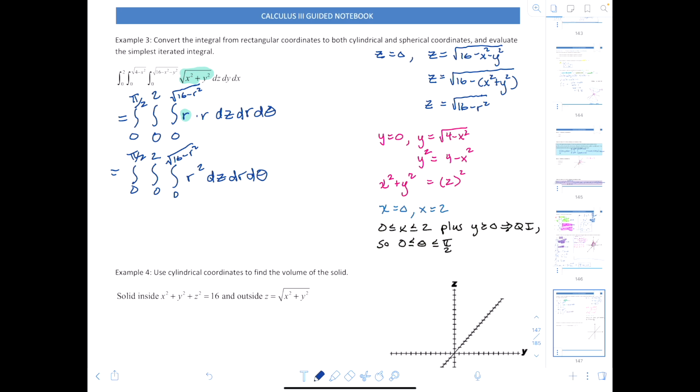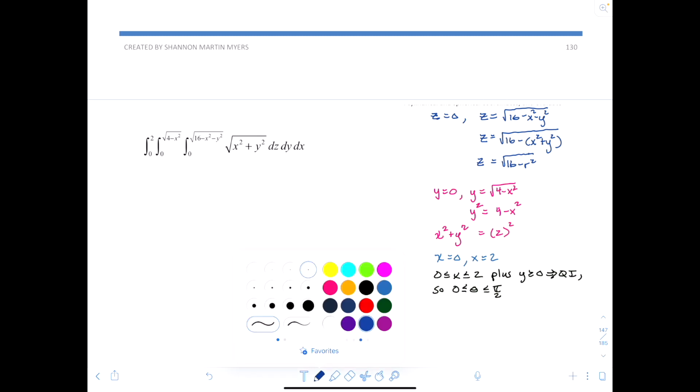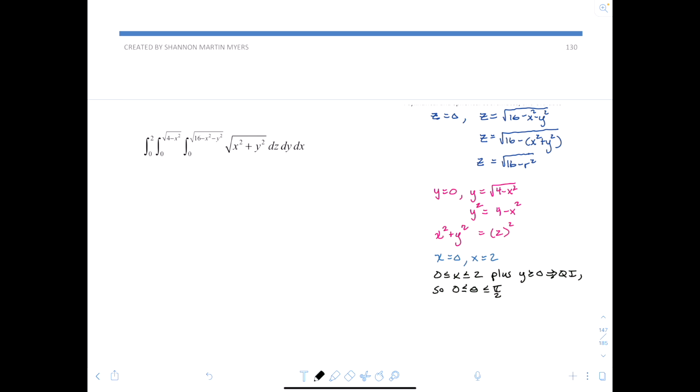So that is the iterated integral in cylindrical coordinates. So let's go ahead and check it out in terms of spherical coordinates, right? So with spherical coordinates, let's see what we will have. Okay, so just as a reminder, these were the cylindrical that we found.